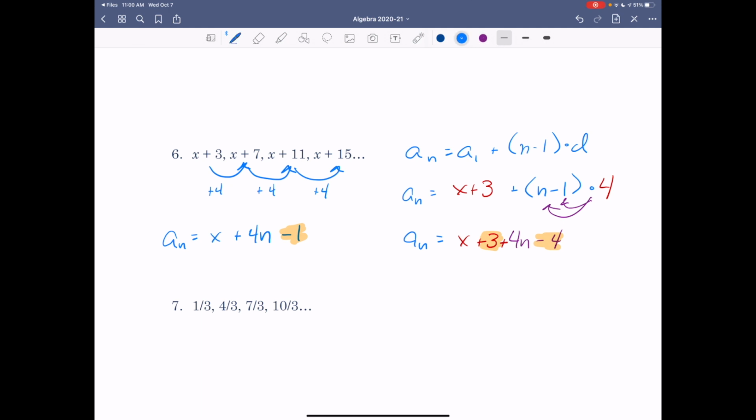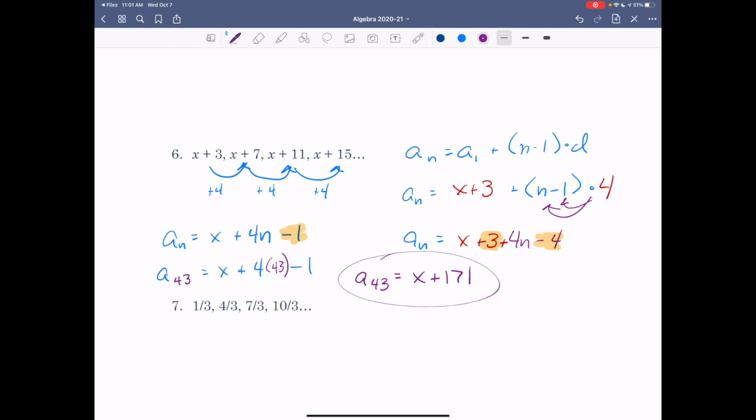In that case, a sub 43 would be x plus 4 times 43 minus 1. Well, what's 4 times 43? 172 minus 1.